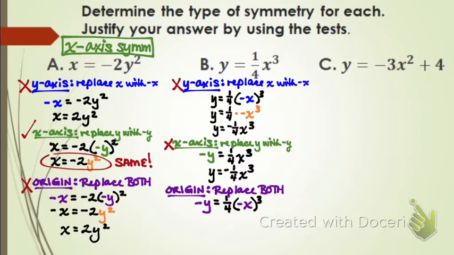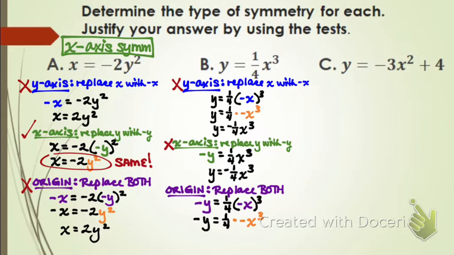What's the first thing I need to do as I am simplifying this? Yep, exponent first. So I have -y equals 1/4 times -x cubed. Where do we go from there? Divide by -1. I can divide everybody by -1.